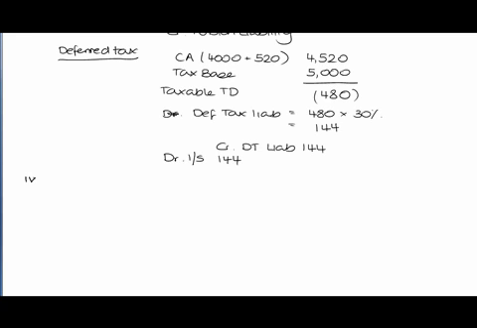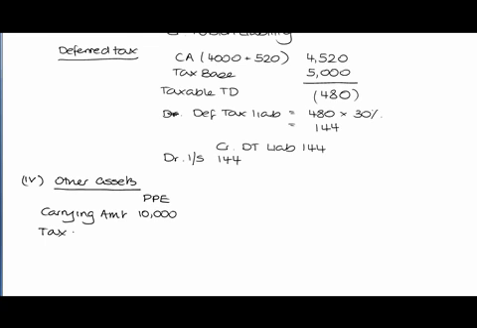We then have the other assets. And here we're given our tax values. So all I'm going to do is create for us a table. So we've got PPE. For PPE, our carrying amount is 10 million. And per note 4, our tax base is only 2.4 million.